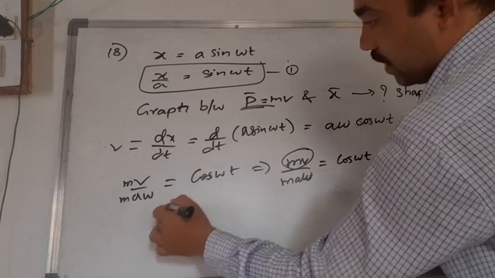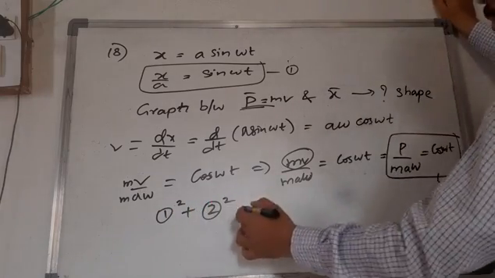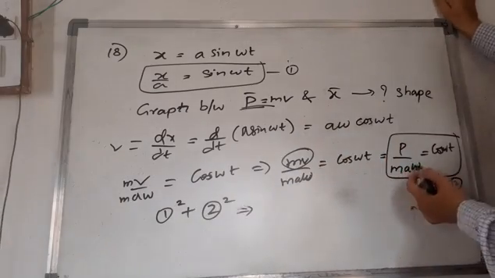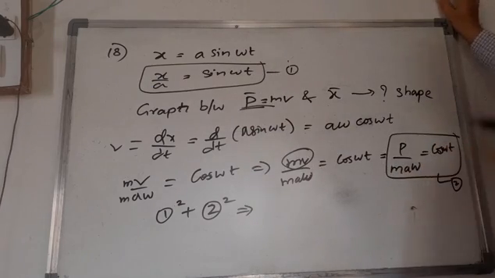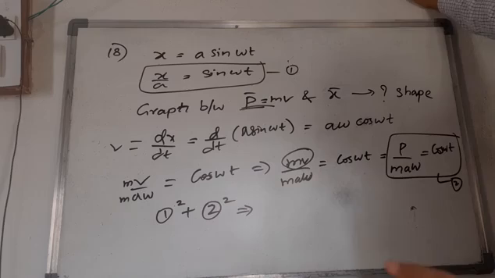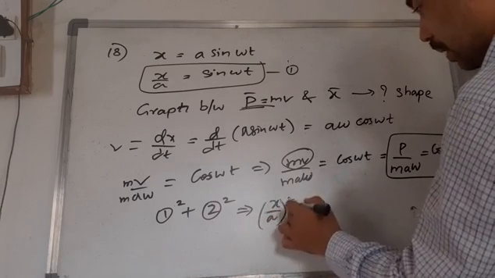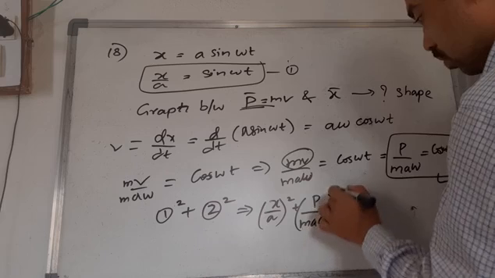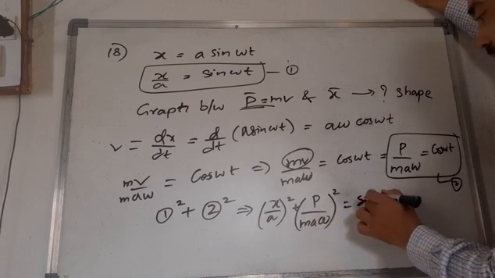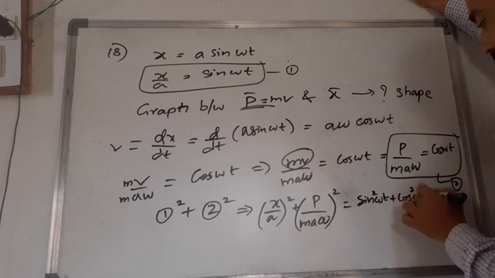So we have to square and add equations 1 and 2. Whenever we add equations, you have to add LHS part with LHS part, RHS part with RHS part. So what you will get? x by a whole square plus p by m a omega whole square is equal to sin square omega t plus cos square omega t.